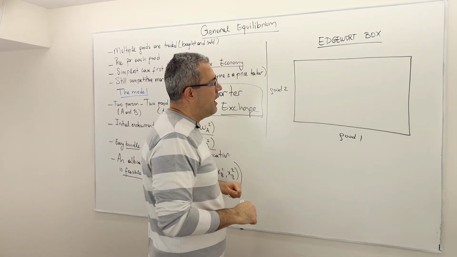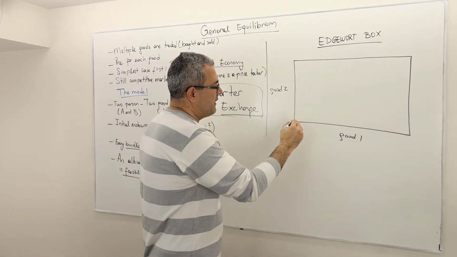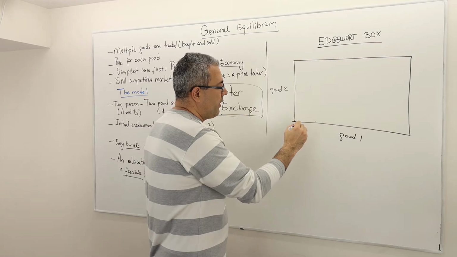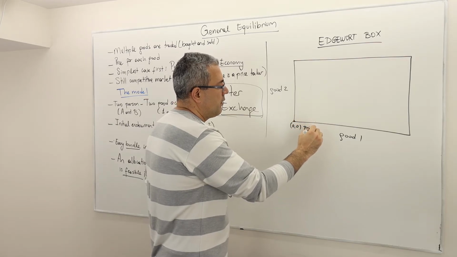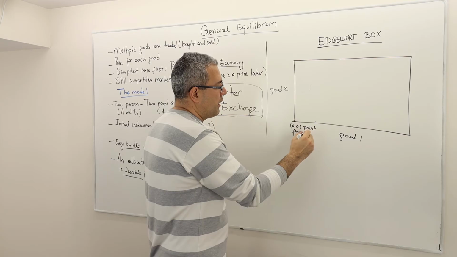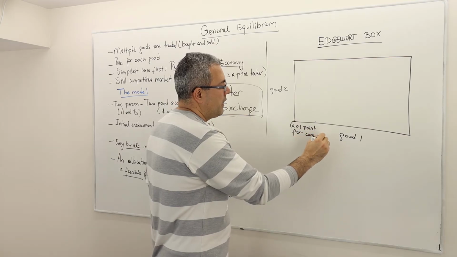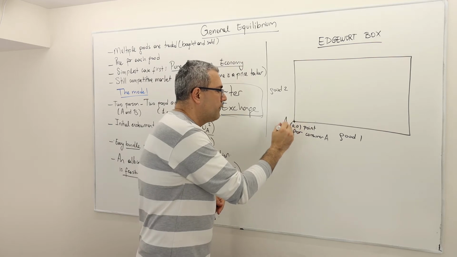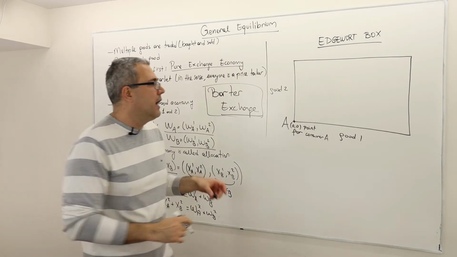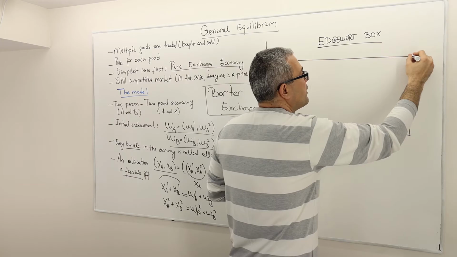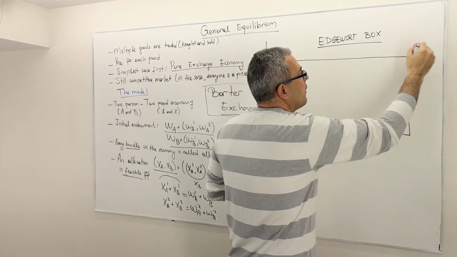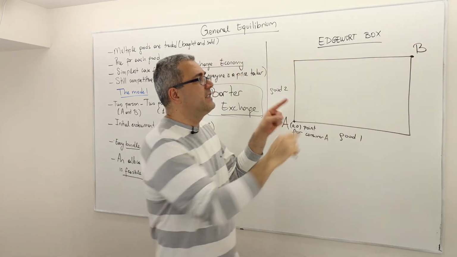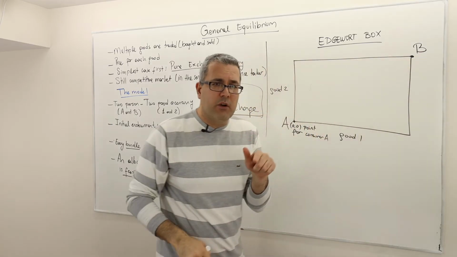Think of this as the 0, 0 point for consumer A. That means this is the origin point for individual A, and I'm going to put the origin point 0, 0 for agent B. So this 0, 0 is agent B's 0.